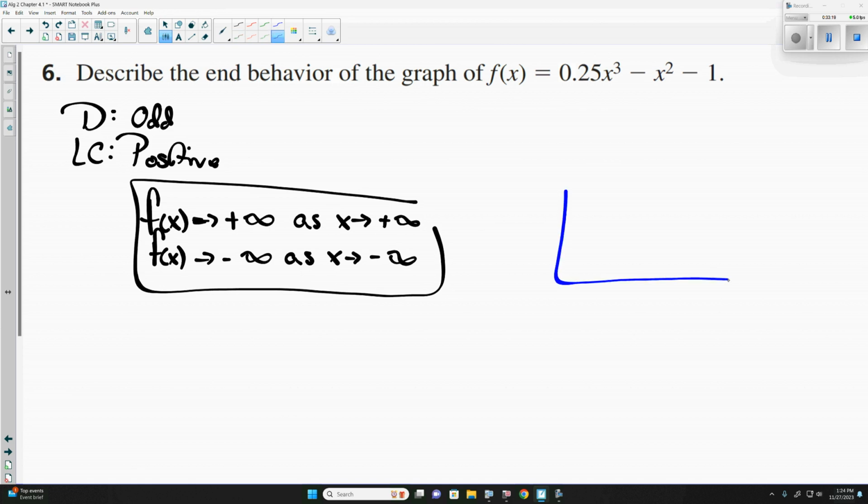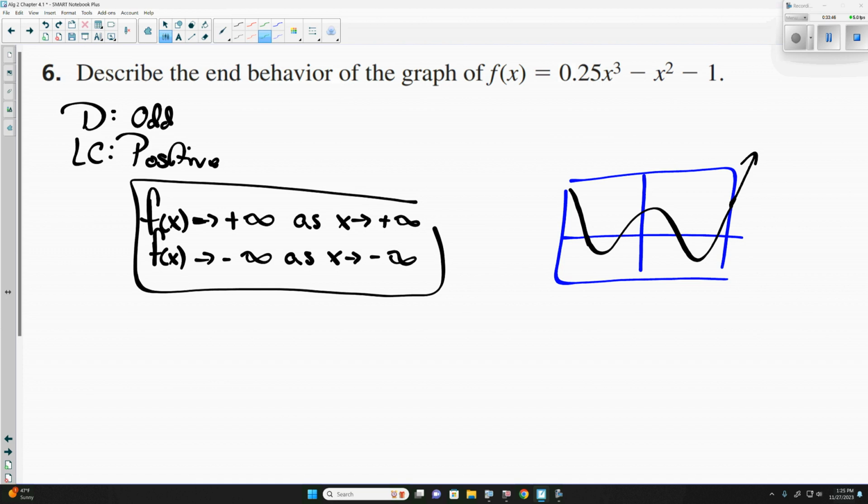If we graph this on the graphing calculator, it gave us something like this, this is just a guesstimation of it. Now, it says as x approaches positive infinity, f of x approaches positive infinity, so this side should be going up. If this is what the graphing calculator shows us, well, yes, it is indeed increasing.